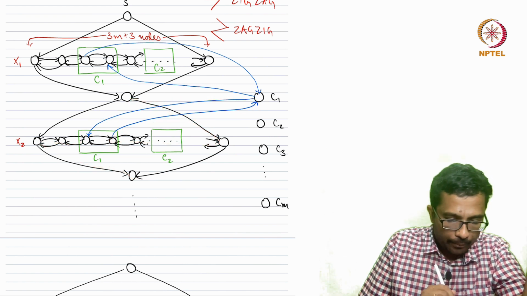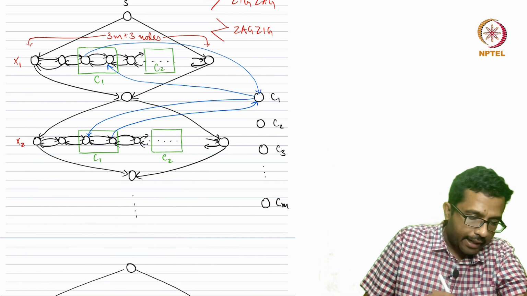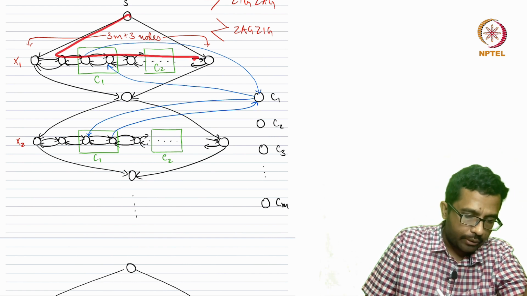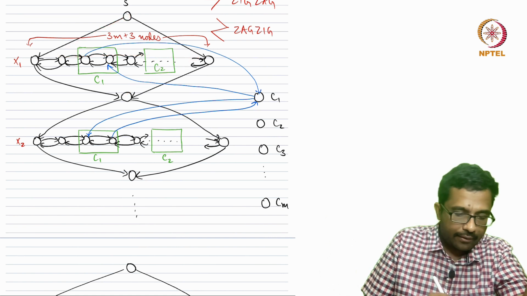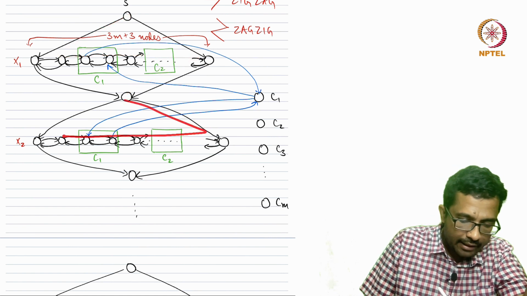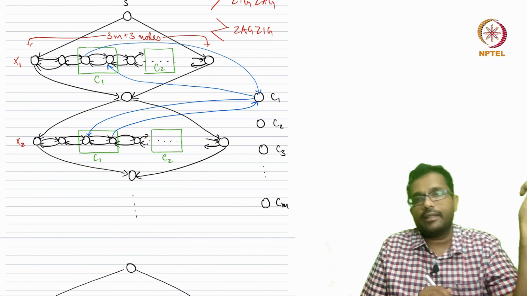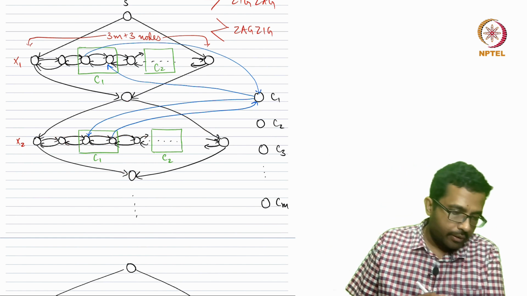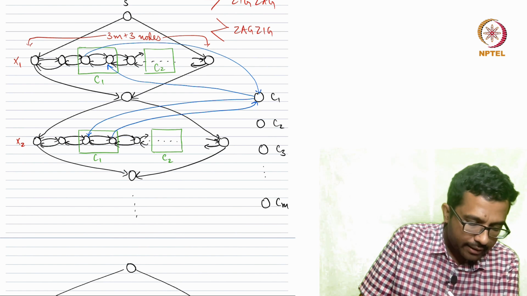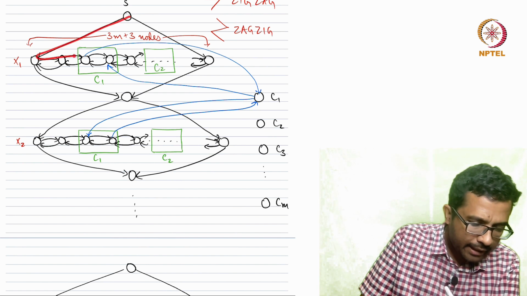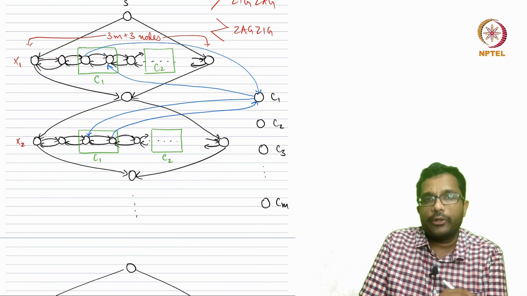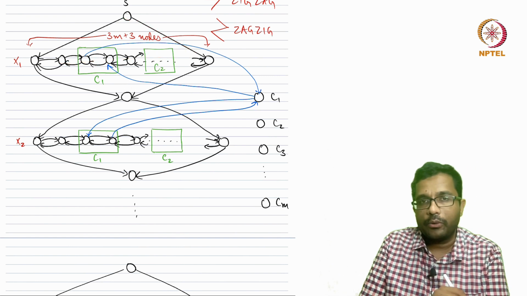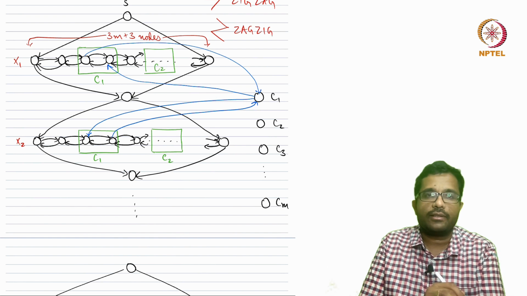So x1 can cover C1 if we are zigzagging in x1. x2 can cover C1 if we are zag-zigging in the diamond for x2. Again, zigzagging indicates that x1 is set to true, and zag-zigging indicates that x1 complement is set to true, or in other words, x1 is set to false.